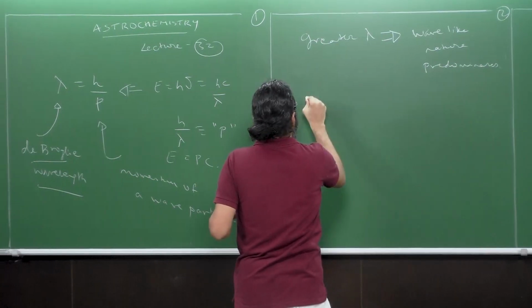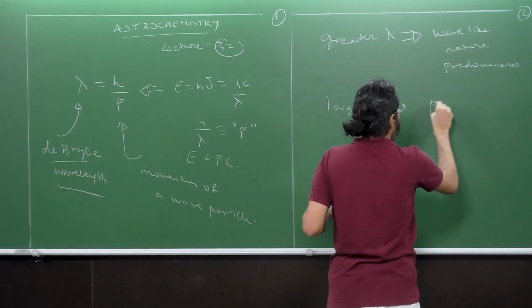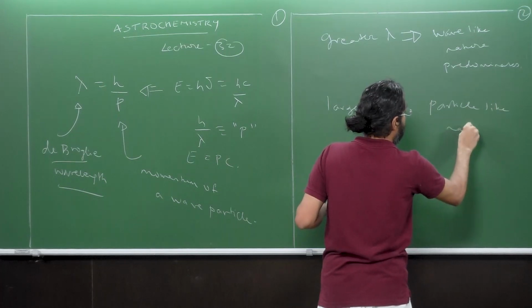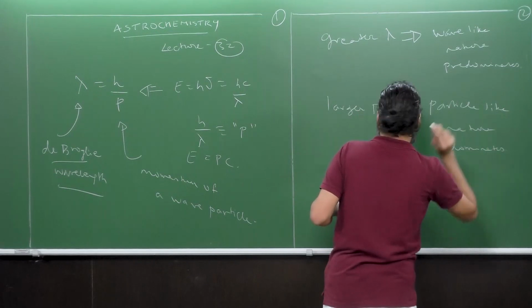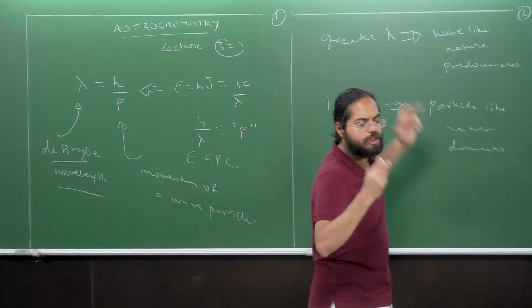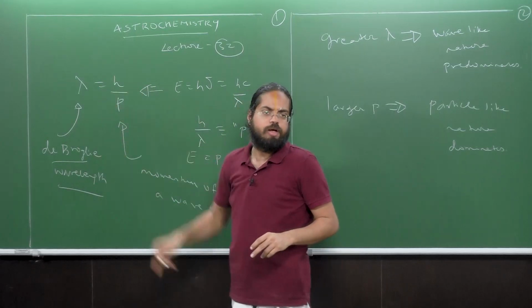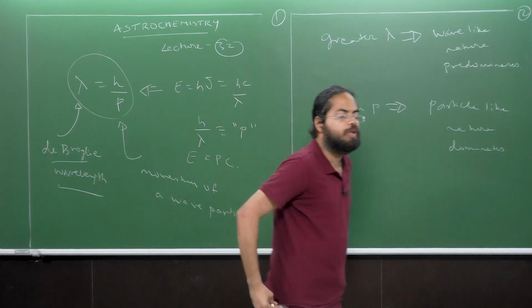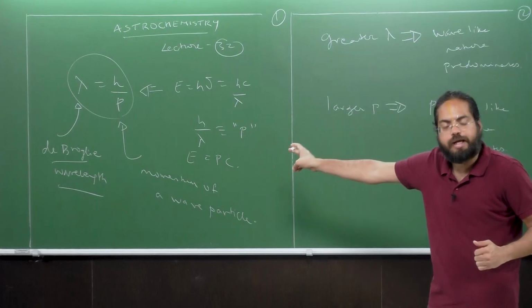And larger p implies particle-like nature dominates. All right. This is because the mass is going to be a contributing factor for the larger momentum. And the proportionality constant, it turns out, is h. So using this idea, lambda equals h by p, de Broglie could actually connect and quantify the wave-like nature of something with the particle-like nature of something.